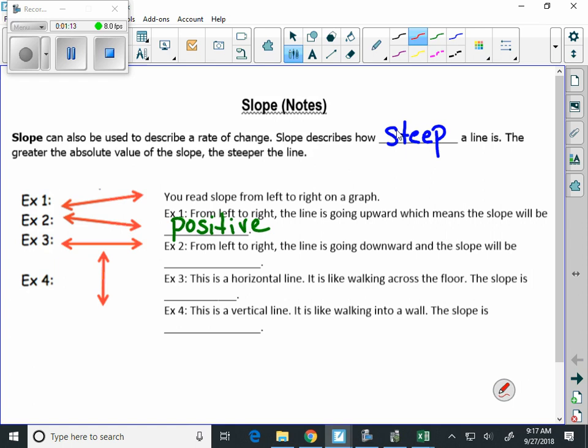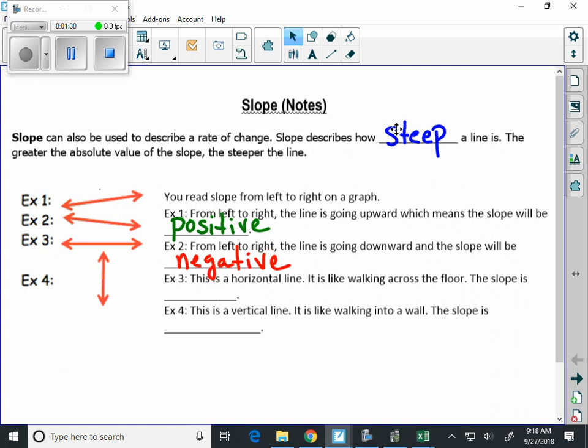If we look at example 2, our graph is going down and down and down and down. And downward, a decreasing line in this case will have a slope that's negative. And in most cases, people tend to have no trouble with the positive and the negative. It's the third and the fourth examples that cause a little bit of trouble.